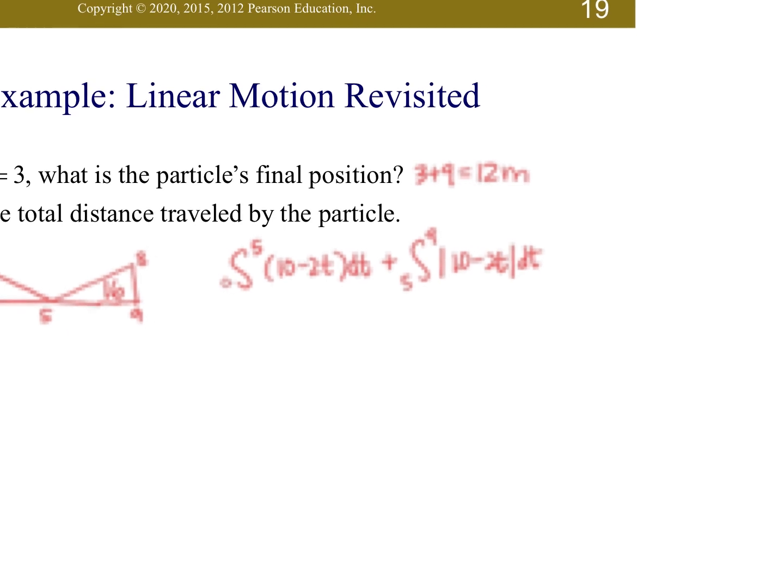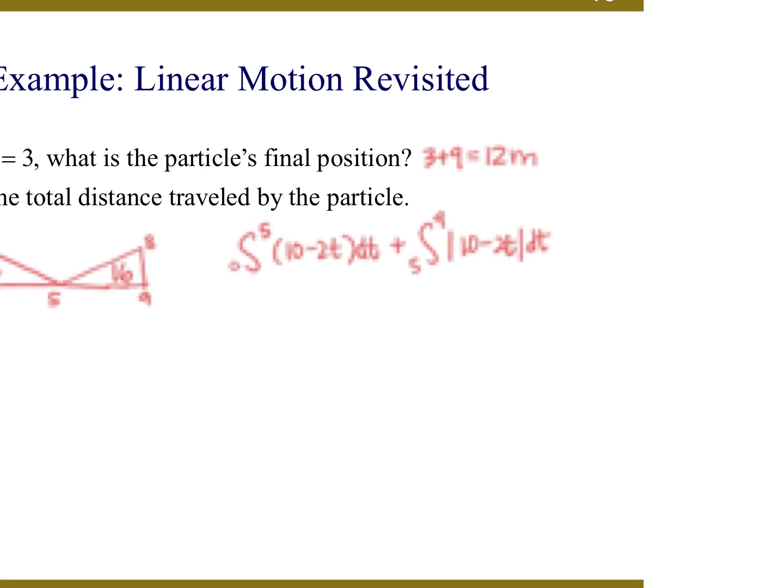With the integrals, if you didn't want to do geometry, you have to rewrite your second integral. So you can do it a couple ways. We know that it was below the x-axis, so it's going to be negative.